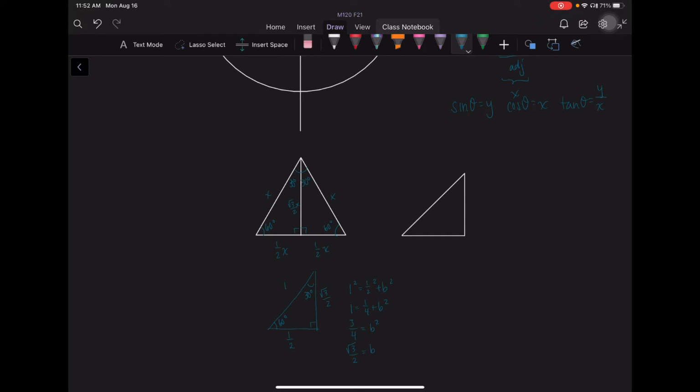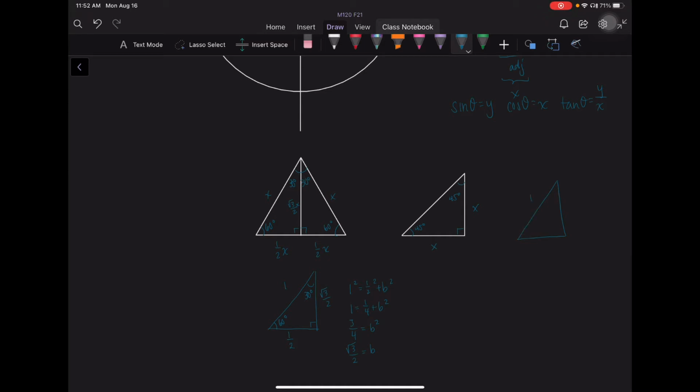For a 45 degree triangle, that's an isosceles triangle. We know that both of these angles are 45 degrees, and both sides are equal when we have an isosceles triangle. Those two sides are equal, so it's a 45, 45, 90 triangle. We also again know that this radius is 1 for a unit circle.